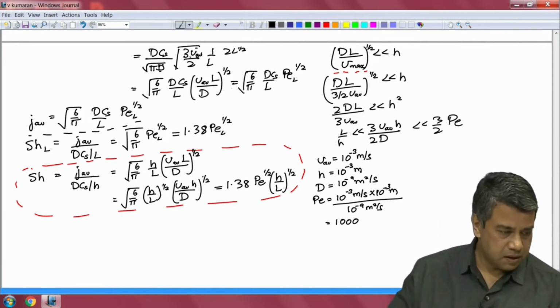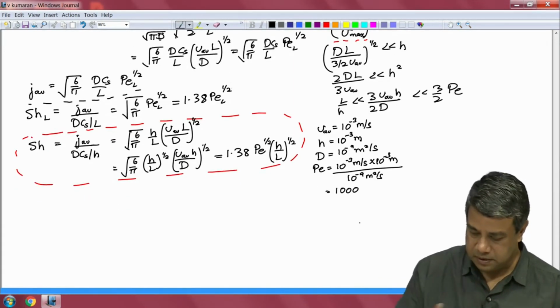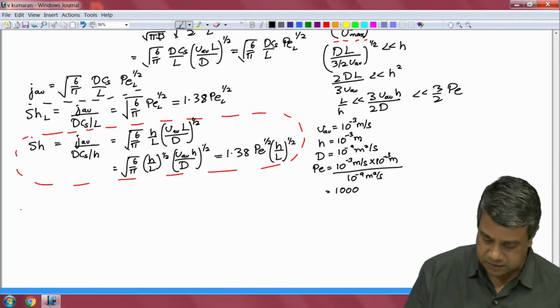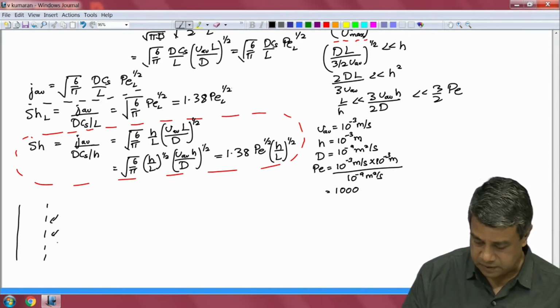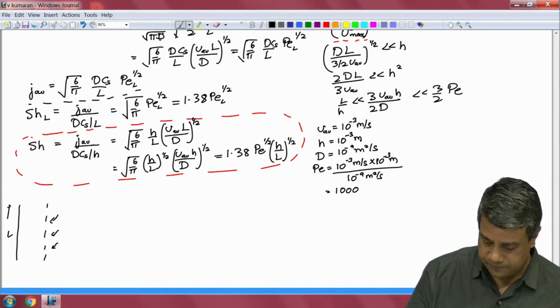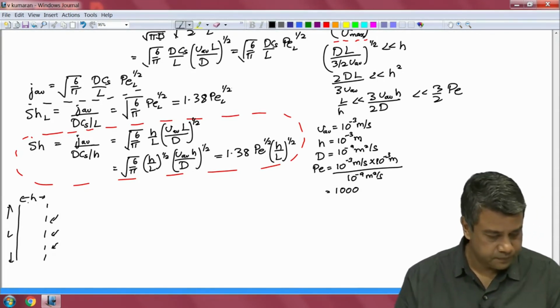So, let us take a concrete example in order to illustrate this. I have a film in which there is gas diffusion of length L and thickness h.